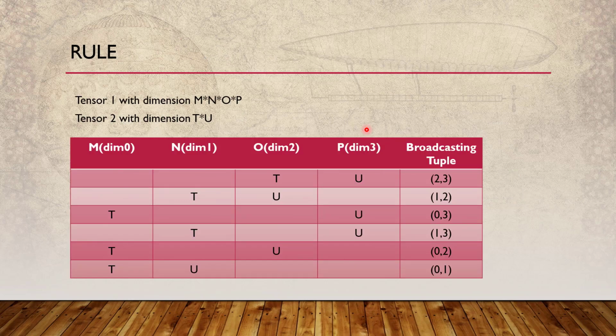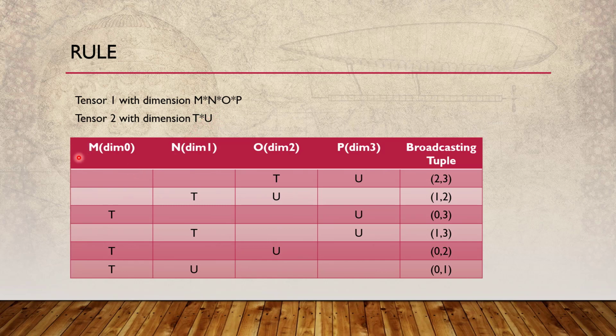Now if we just talk about a very generalized rule of broadcasting of 2 different shapes, or basically 2 different ranks of tensor. So let's say I have a tensor 1 with dimensions m, n, o, p, so this is a higher dimensional tensor, and the tensor 2 which is having t and u, that's the lower dimensional tensor.